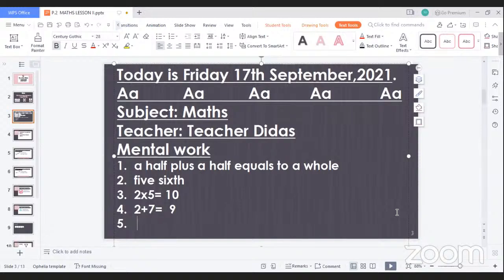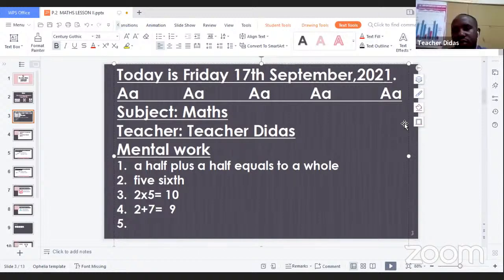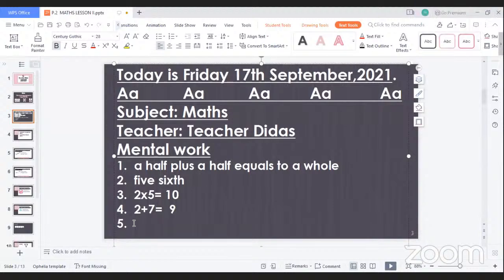Caleb. Caleb, speak. Yes, teacher. How are you, Caleb? I'm fine. So Caleb, can you tell me number 5? John has 5 oranges. Peter has 10 oranges. How many oranges do they have altogether?